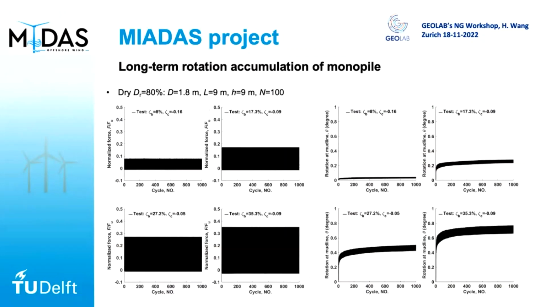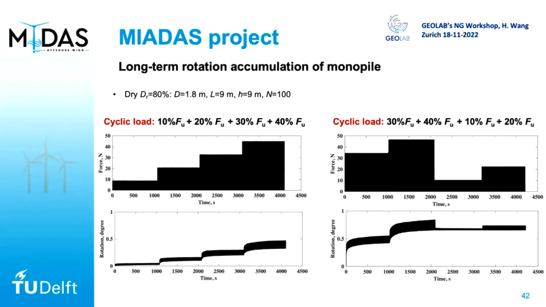We also tested all different kinds of cyclic load, as you can see on the left, with different amplitudes, and you have the accumulation of rotation. We also changed the sequence of the load, and then you can observe a completely different final accumulation. And we are developing a model to really capture this long-term accumulation behavior of the monopile.